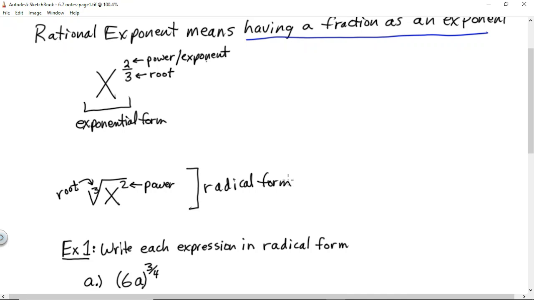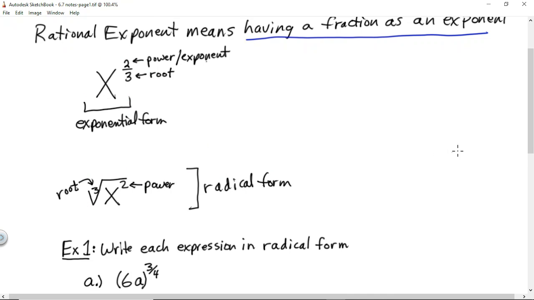And I want to emphasize those are the same expressions. Okay, this means the one on the top means exactly the same thing. So this is exponential form, and this is radical form, and they are two forms of the exact same expression. So you can always write one of these in both exponential form and in radical form.